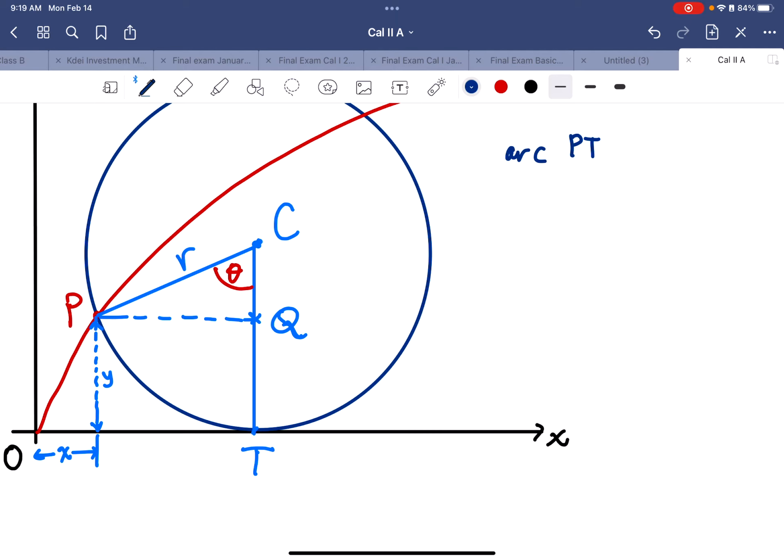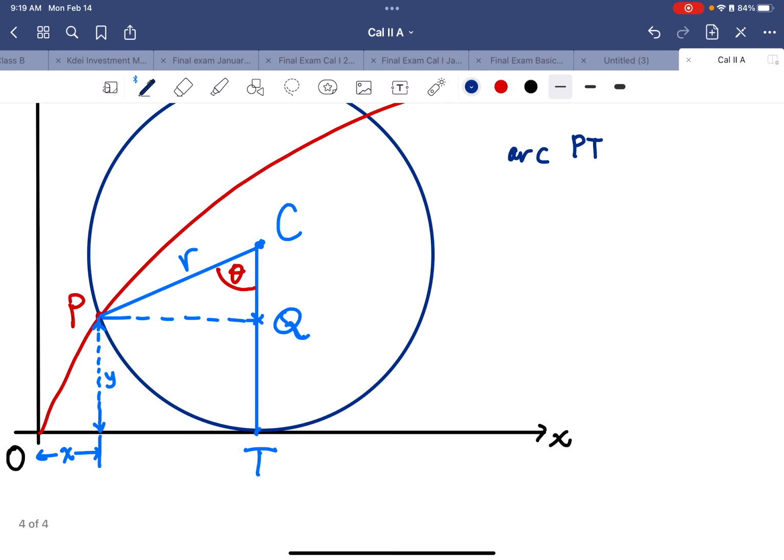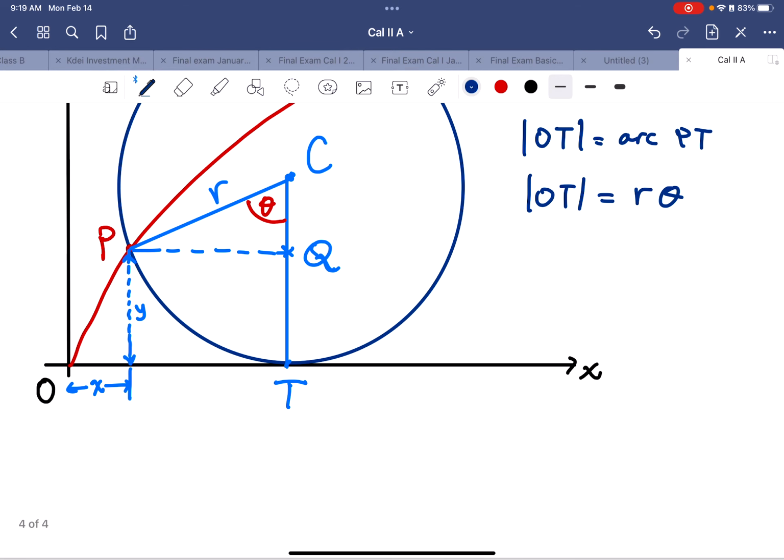Remember that? So the arc PT is r theta. And the distance of OT is the arc PT, which means that OT is r theta. So we can have this. This is r theta, right?